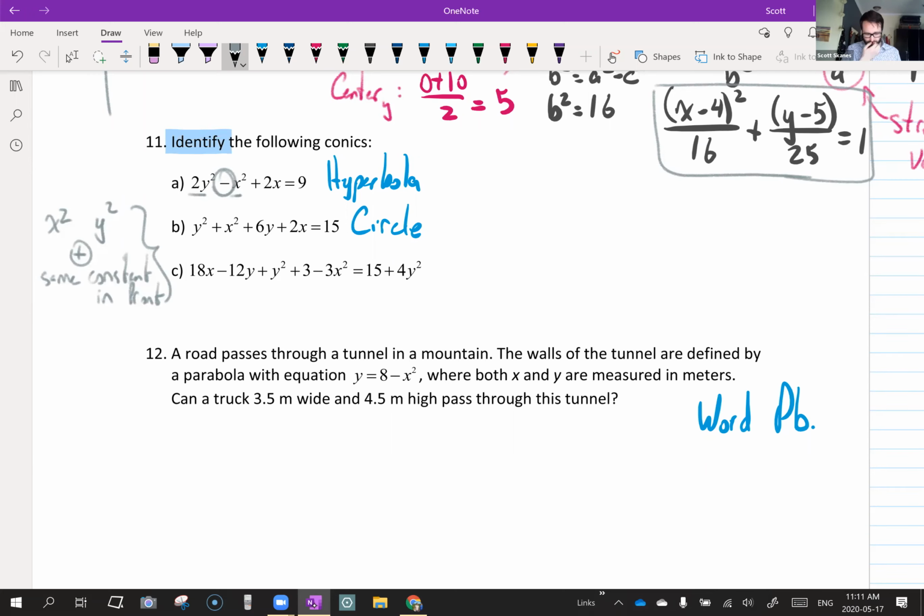The next one, some students are like, well, I see a y squared and I see a minus x squared, so it must be a hyperbola. This is a bit of a tricky one because it's not exactly the case. If you bring the y over, this is what you'll see: 18x minus 12y plus y squared minus 4y squared is actually minus 3y squared.